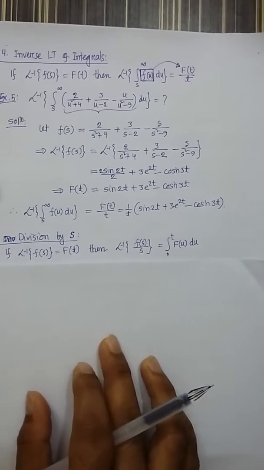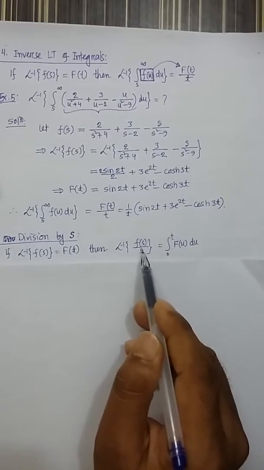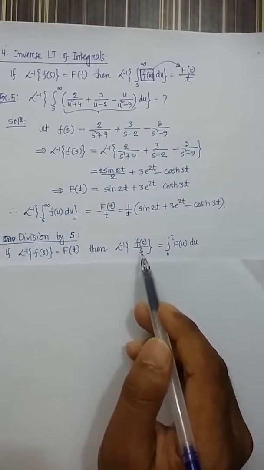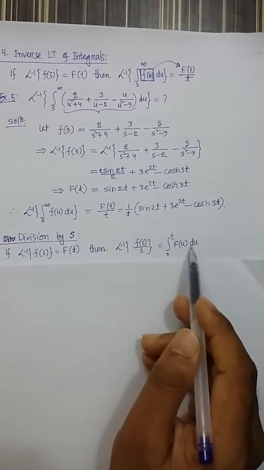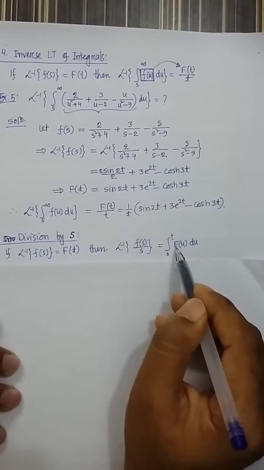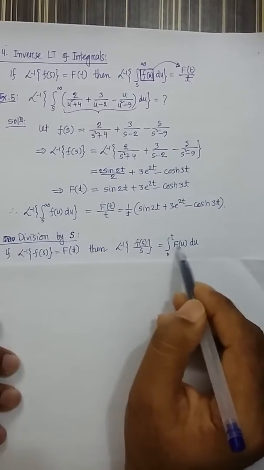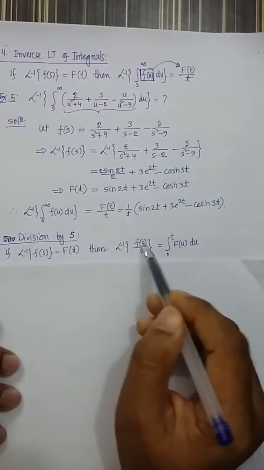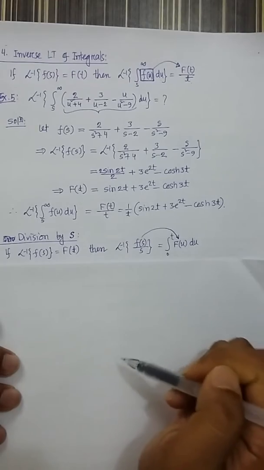That is, if the given function of s is divided by s, its inverse transform will be the integral from 0 to t of capital F of u du. So we need to find f of u, that is actually our f of t, and we will get this from f of s.